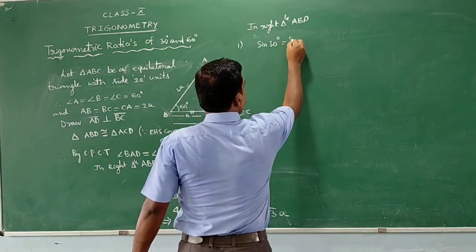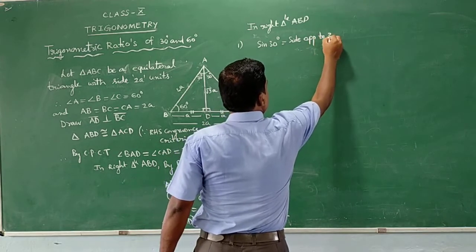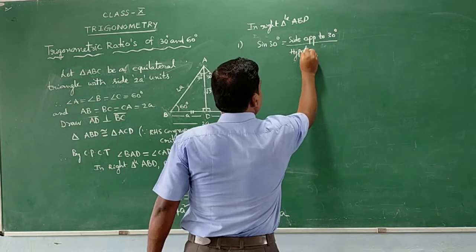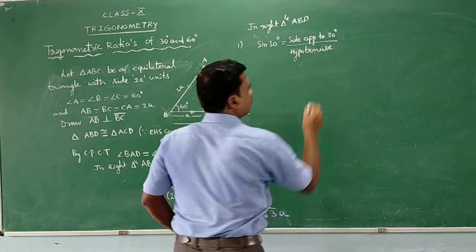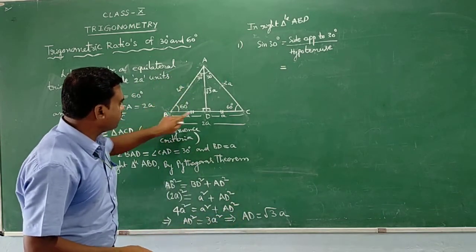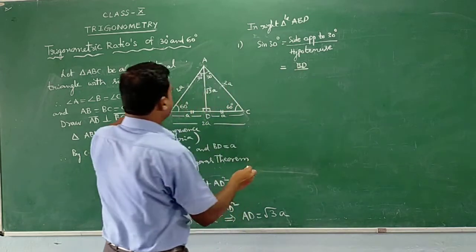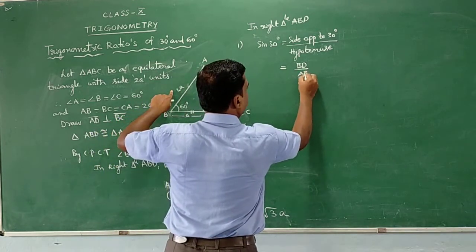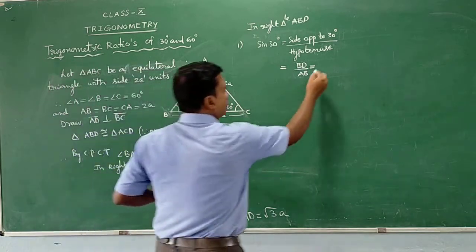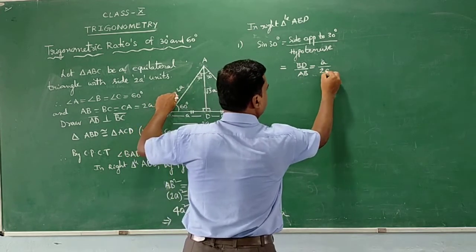That is BD by hypotenuse AB. BD is equal to a, and AB is equal to 2a.